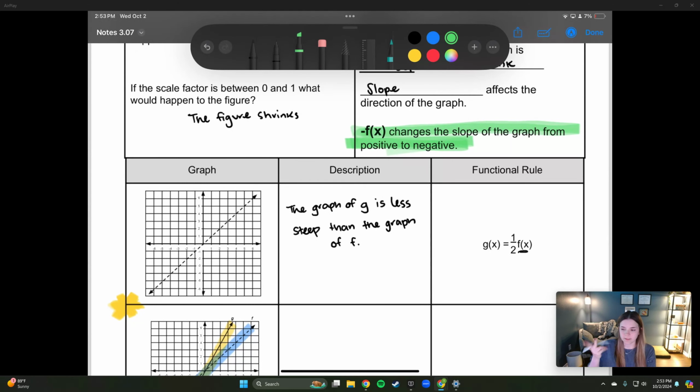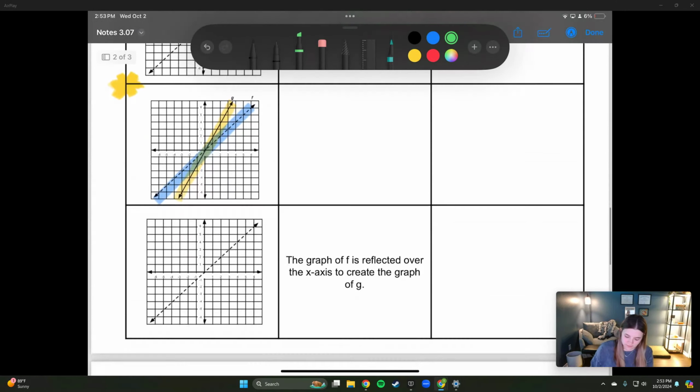Well, if I flip something, I'm going to be changing the signs, right? If I reflect it, it's going to go from positive to negative, negative to positive. So g, the new graph, was created because we had that negative f of x. It went from positive to negative.